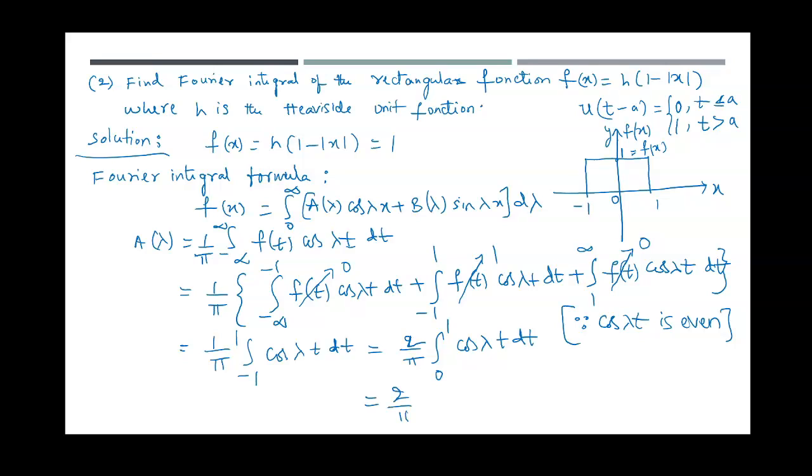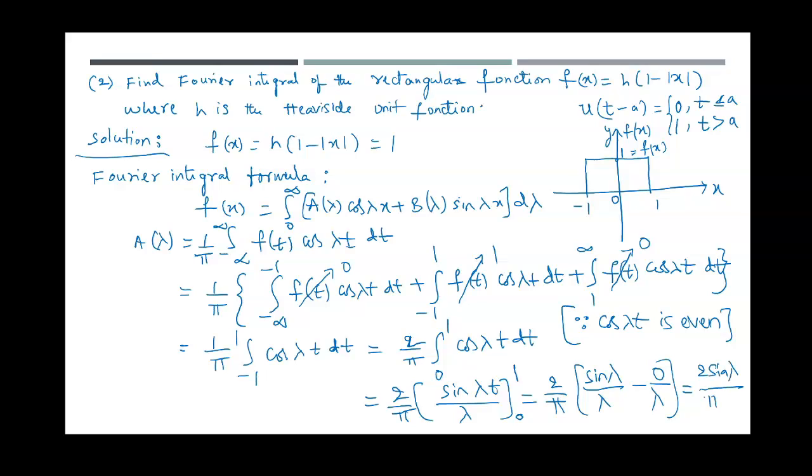Now 2 by pi times the integration of cos lambda t, which is sin lambda t upon lambda under the limits 0 to 1, equals 2 by pi times sin lambda by lambda minus 0 by lambda, because sin 0 is 0, which equals 2 sin lambda upon pi lambda. This is a(lambda).